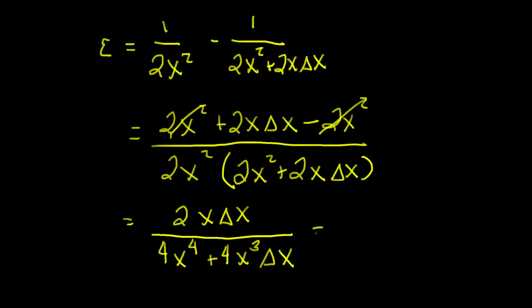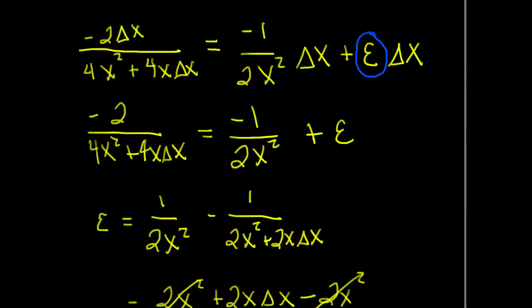So if we wanted to, we could simplify and write this as delta x all over 2x cubed plus 2x squared delta x. And that's our epsilon. And we can see that it is truly just dependent on delta x and x. And so epsilon is an infinitesimal, and we've satisfied the increment theorem.